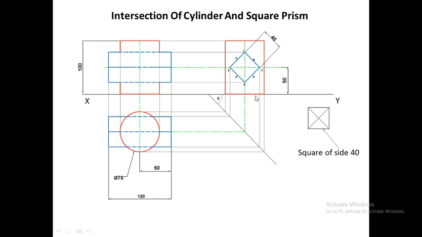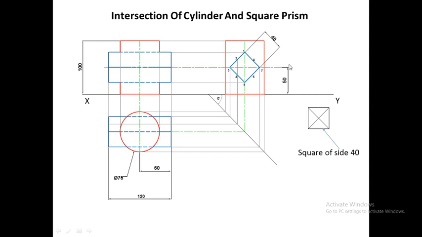Now we will project all the points of intersection in the top view also, one by one. So now we are projecting the points one by one.